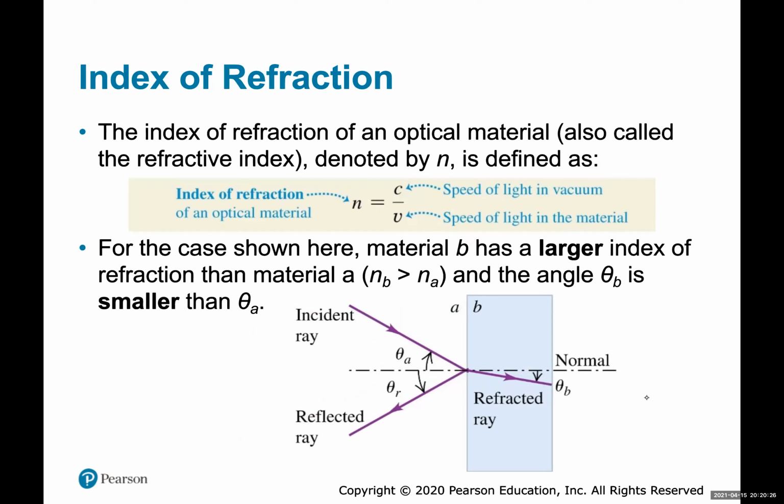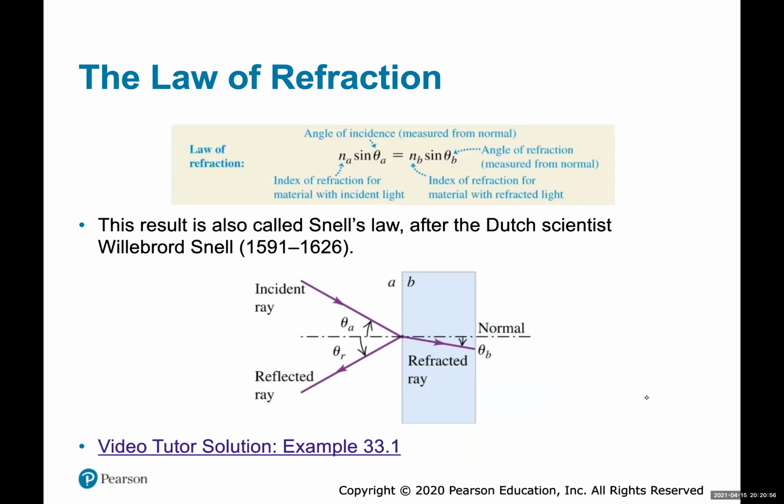We have defined already the index of refraction, which we know is the index of relative speed. For the case shown here, material B has a larger index of refraction and the angle theta B is smaller. Okay. Why? Apparently, it is because of a law.